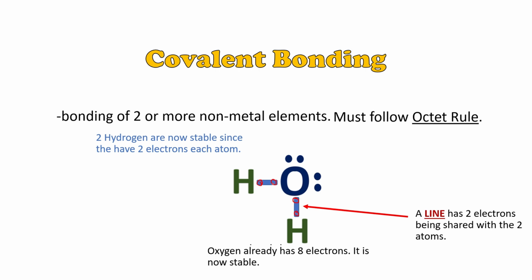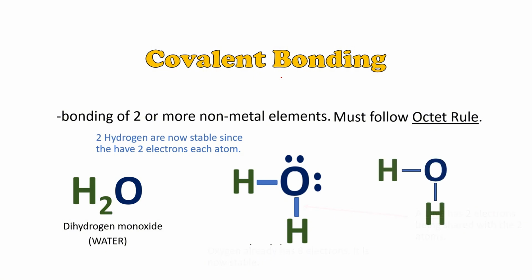And that sharing of electrons is the reason why we have a compound. They're holding each other because of that sharing. We call that mutual attraction. So this is now our H2O, or dihydrogen monoxide, and we call that, of course, by the common word water.